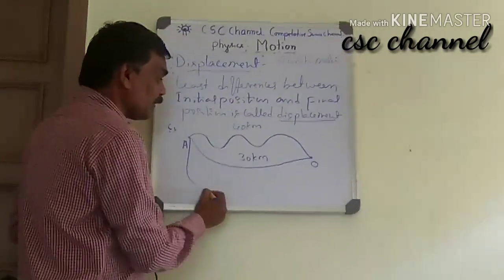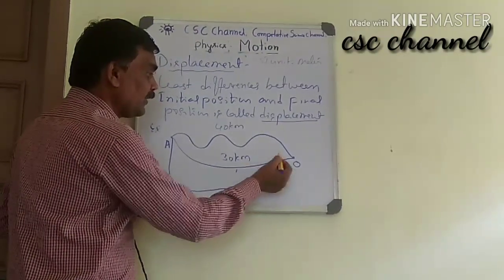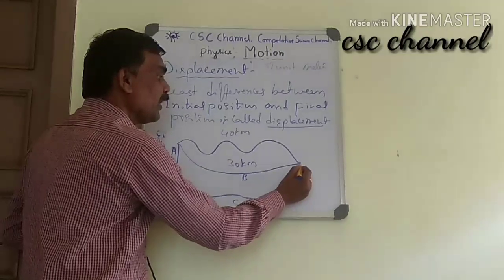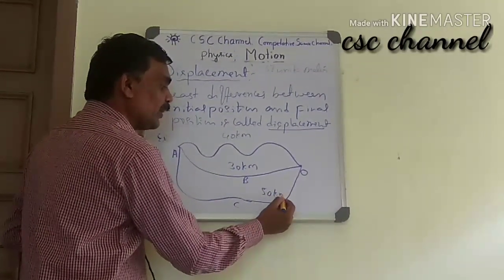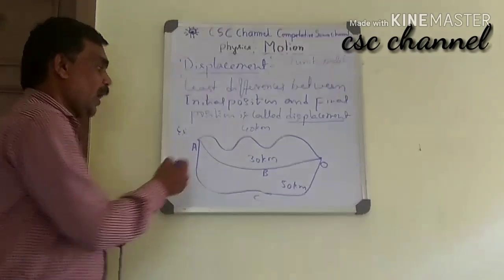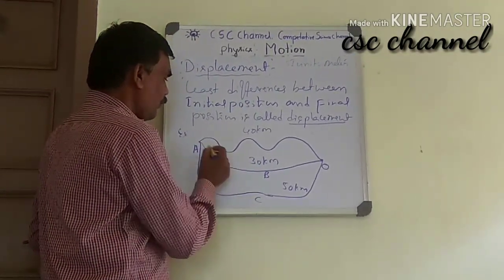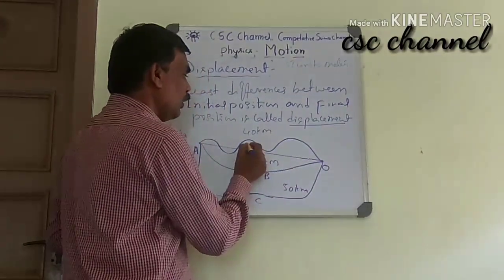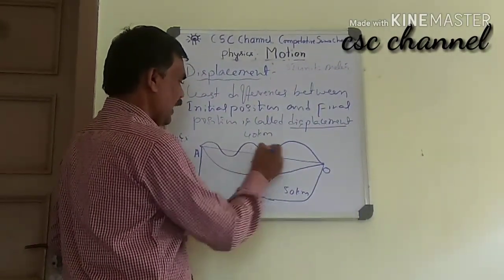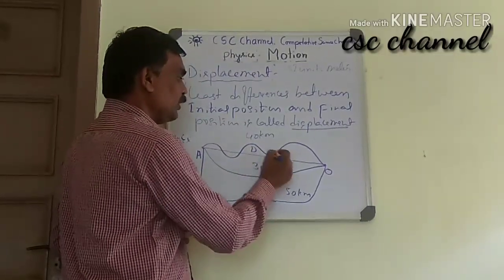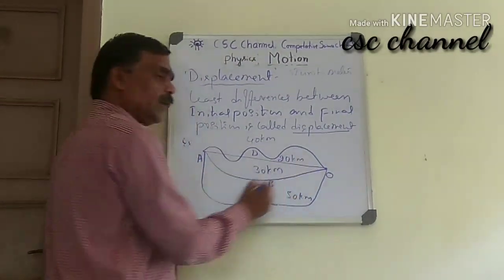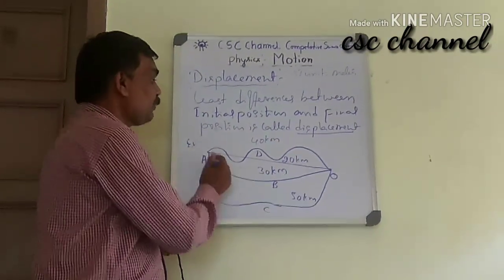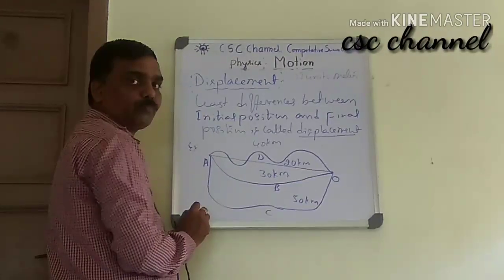Then person C took 50 kilometer. Another person D moves to O, maybe about 20 kilometer. The distance traveled is different. The displacement is the same for all.